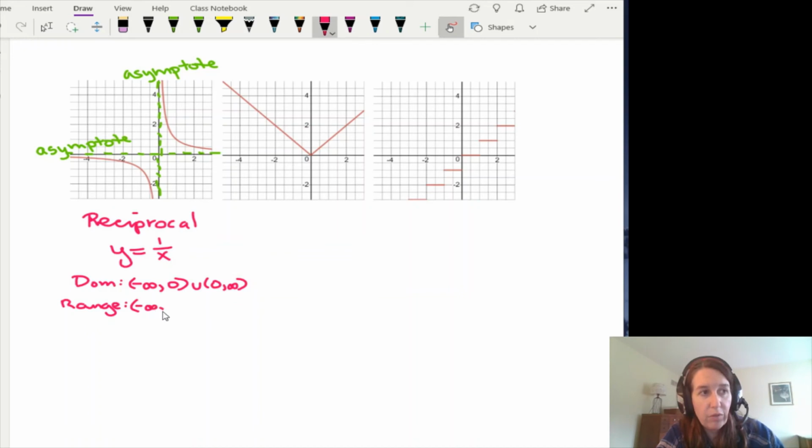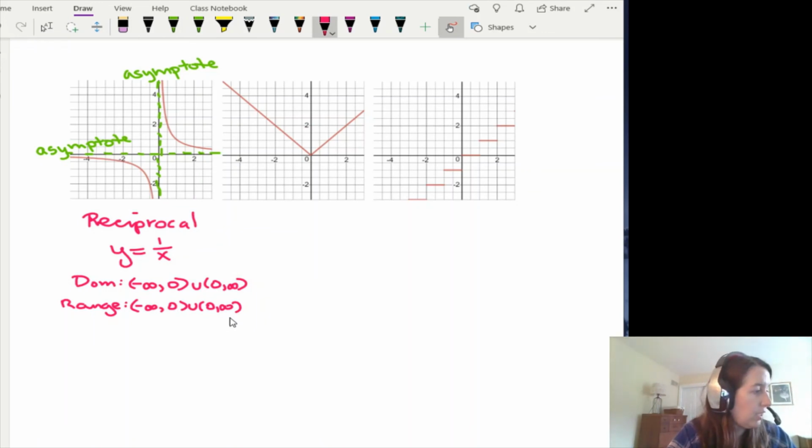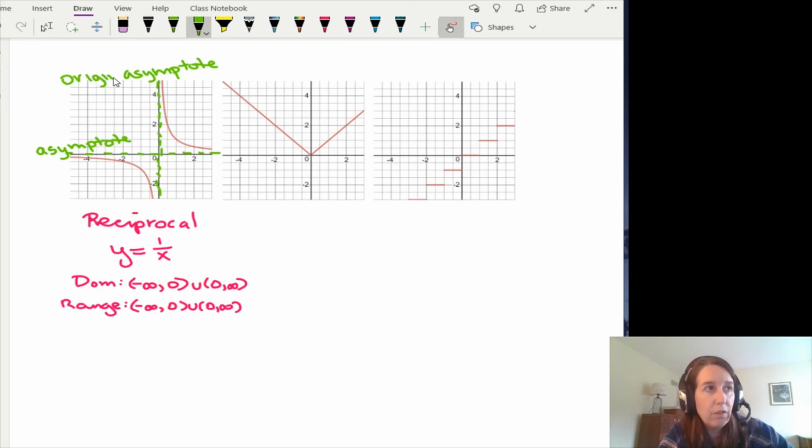So negative infinity to 0 and 0 to infinity. All right. Before we move on, we better say what the symmetry is. Notice that it has that diagonal symmetry across the origin, so it is symmetric around the origin.